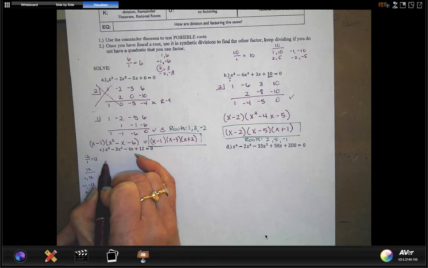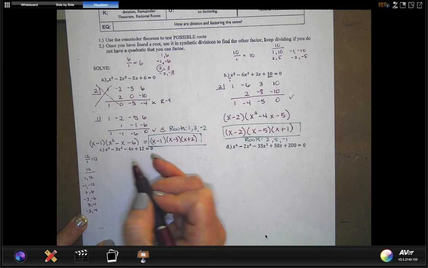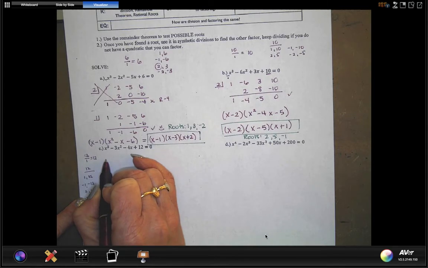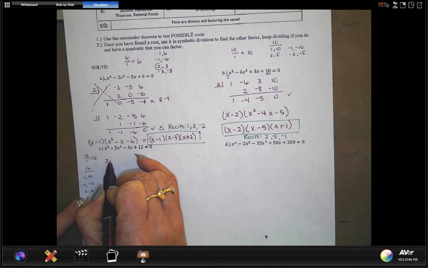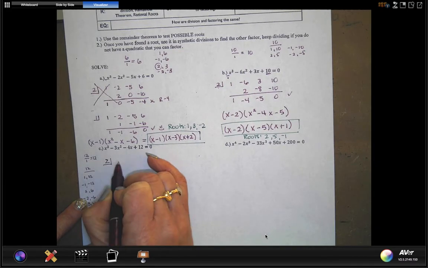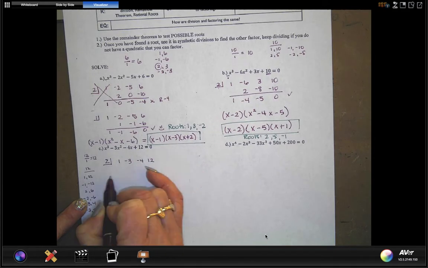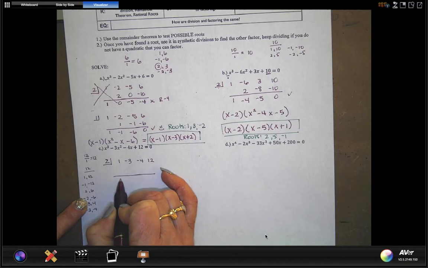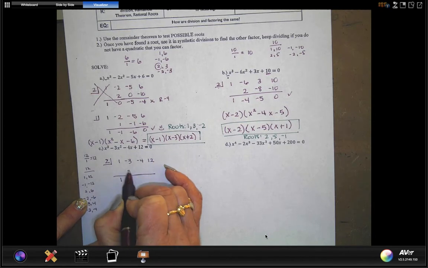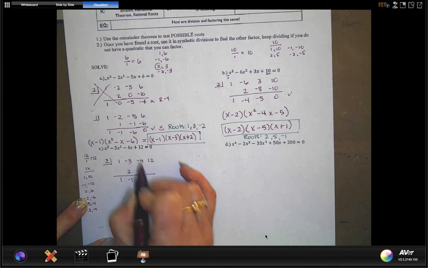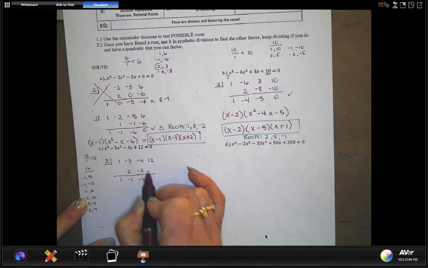So if we just pick, let's say I pick 2. And then I have 1, negative 3, negative 4, 12. So this is, bring down the 1, 2, negative 1, this is negative 2, negative 6, negative 12, 0.